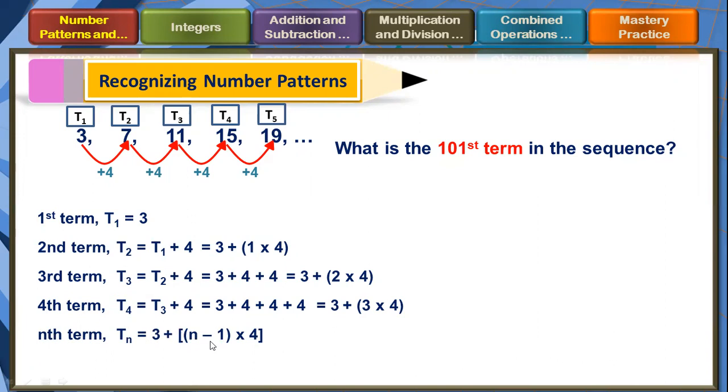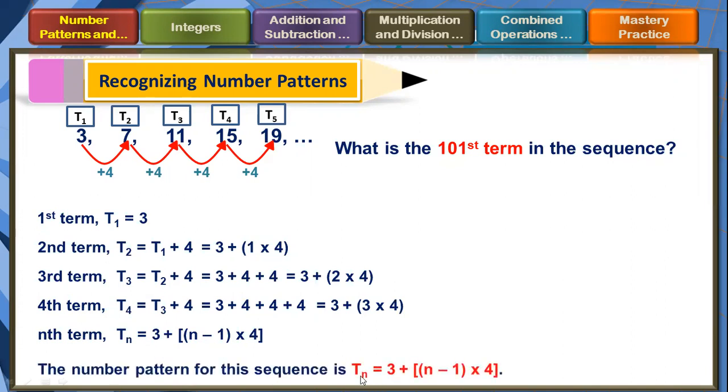Just subtract 1, then multiply by 4, then add to 3. So the number pattern for the sequence is T sub n equals 3 plus n minus 1 times 4. You can still simplify this, but I will teach you that later. Let's leave it that way.